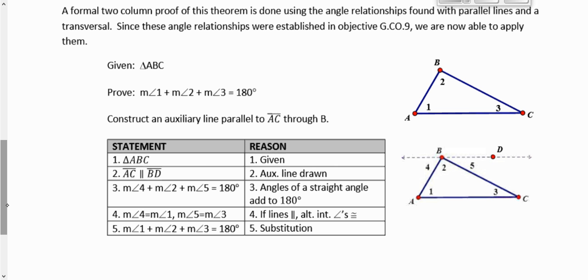And what do they claim about this auxiliary line? That it is parallel to segment AC. So after the given, they're stating that they have AC parallel to this BD that they drew in there, right? And the reason they can justify this statement is because you can always just construct an auxiliary line in there. Everybody got that? So now we have two parallel lines, yes?